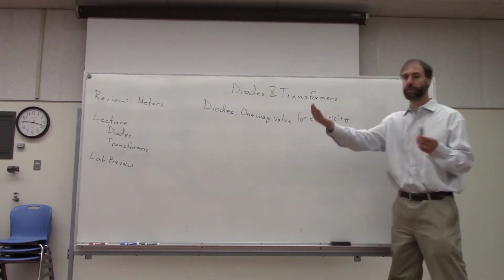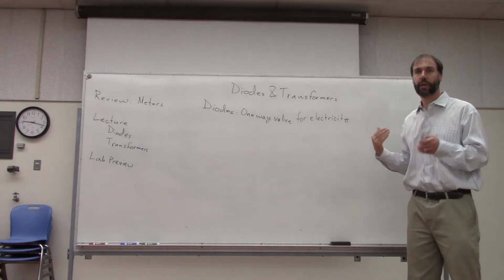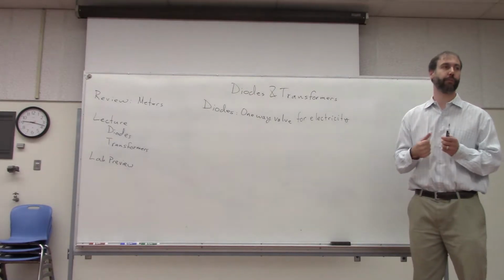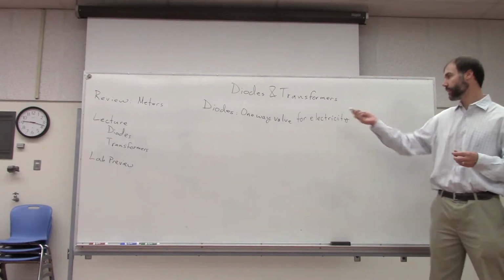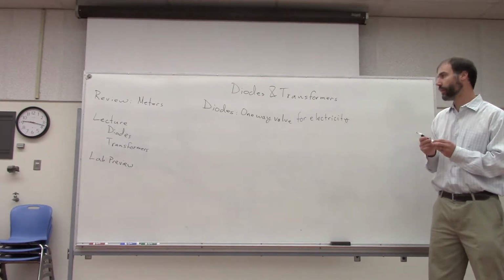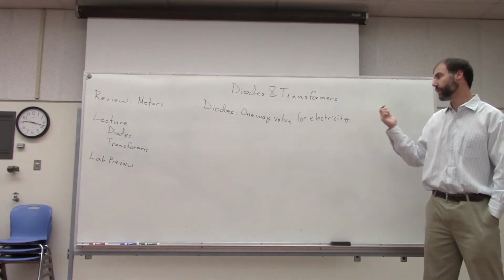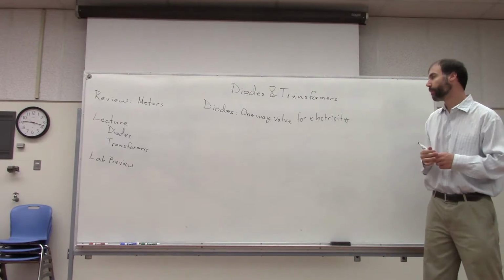It allows current to flow through in one direction, but it blocks it and prevents it from flowing back the opposite way. Okay? So that's the fundamental thing about diodes. If you only remember one thing about diodes, that's what you should remember. Okay?